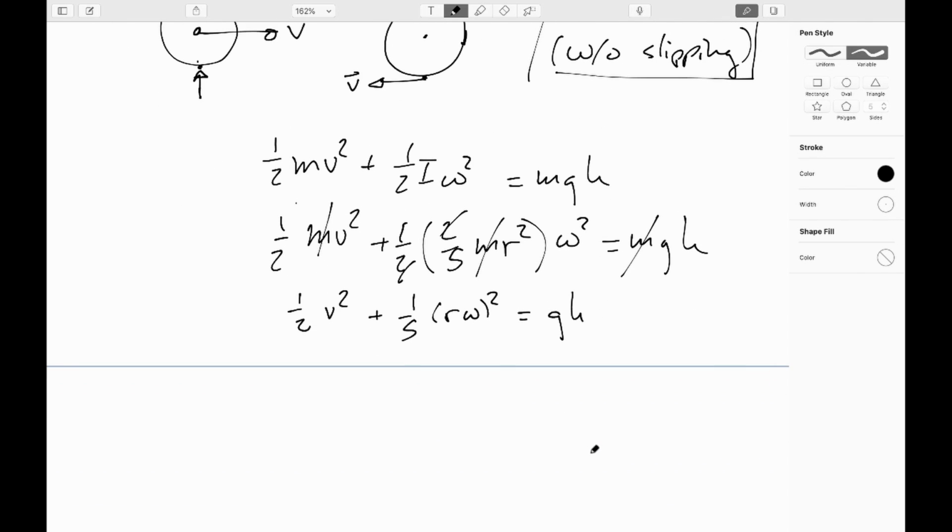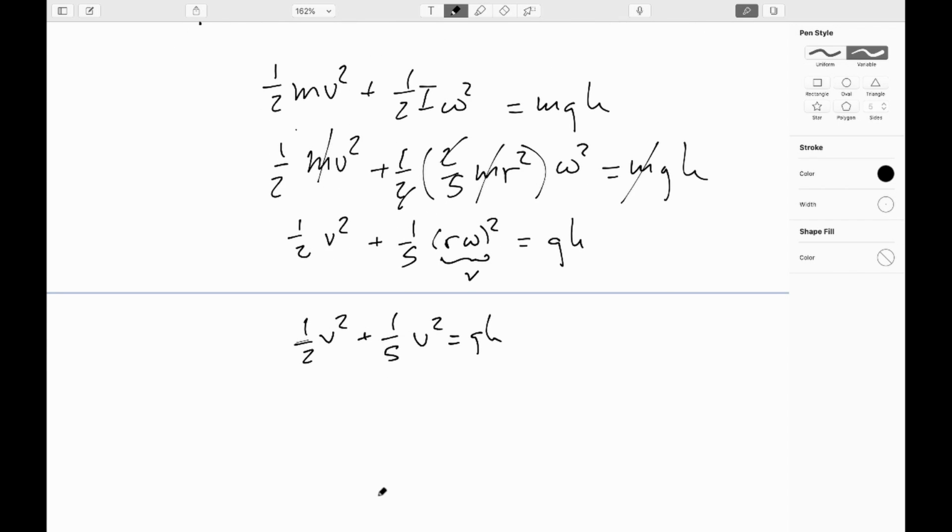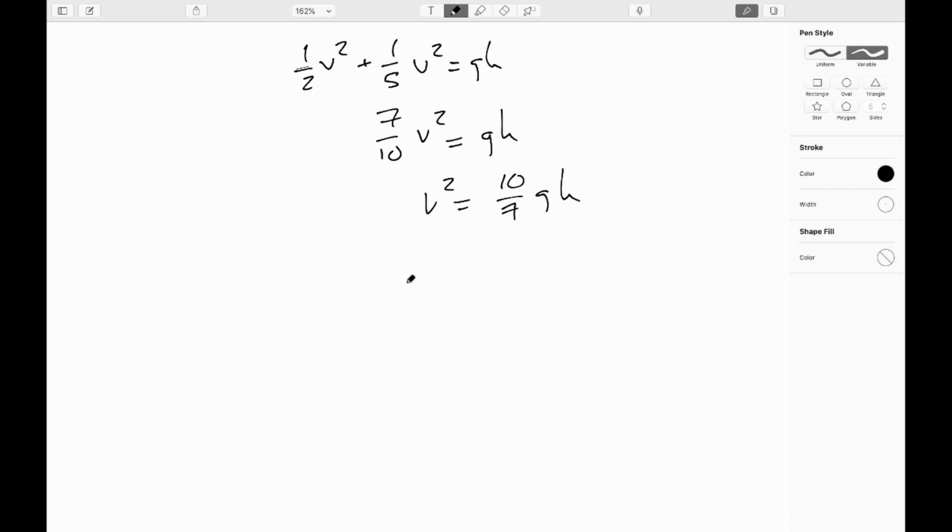Now r omega, since we said that we're rolling without slipping, has to be equal to v. So this becomes 1/2 v squared plus 1/5 v squared equals gh. Cleaning that up, that is 7/10 v squared equals gh, or v squared equals 10/7 gh, giving us a final speed of root 10/7 gh.